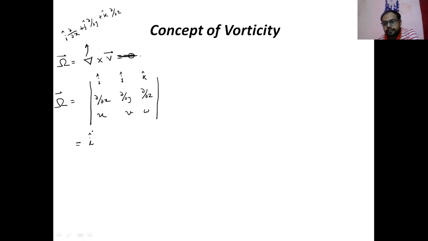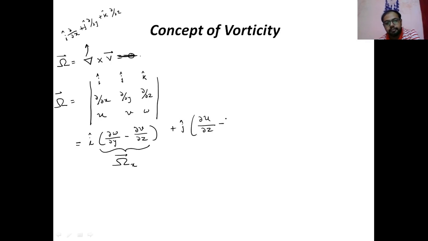So i, if the vorticity vector in the i direction: dw/dy minus dv/dz, plus j, du/dz minus dw/dx, plus k, dv/dx minus du/dy.